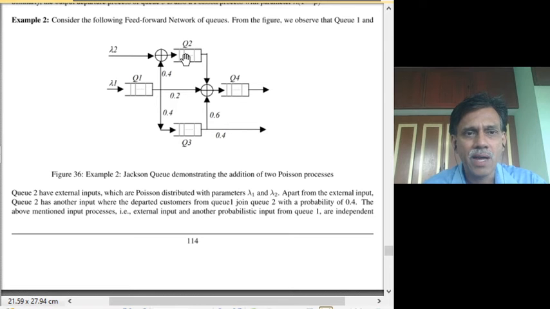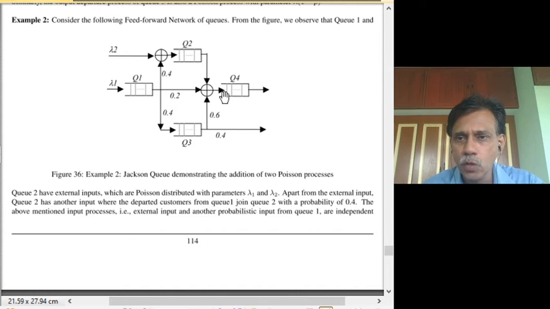We will take lambda 1, lambda 2, lambda 3 and lambda 4 as the respective arrival rates of Q1, Q2, Q3, Q4. Lambda 1 is given, which is external. The arrival rate to Q2 is lambda 2 plus 0.4 times lambda 1. The arrival rate to Q3 is 0.4 lambda 1.